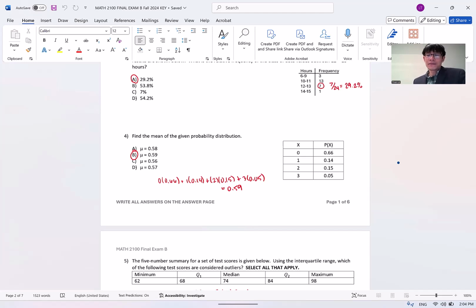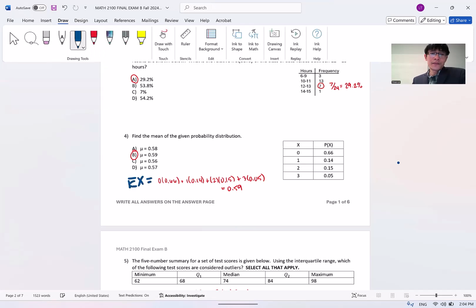So for the mean, we have a formula, I believe in chapter 4, to calculate the mean for a discrete distribution. The mean is defined as mu equal to the sum of x_i times p_i, with i from 1 to n, where x_i is each discrete value.